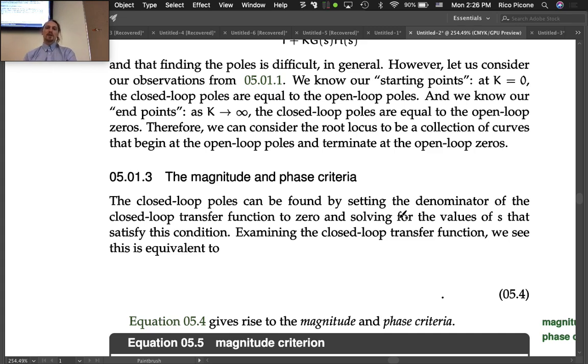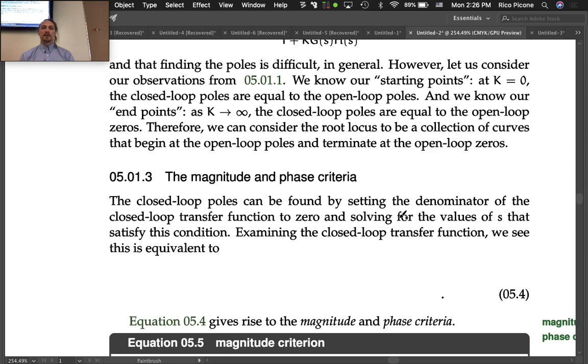So the magnitude and phase criteria. The closed loop poles can be found by setting the denominator of the closed loop transfer function to 0 and solving for the values of s that satisfy this condition. That's the standard way of finding poles for any transfer function: set the denominator to 0, solve for the values of s, those are our poles.